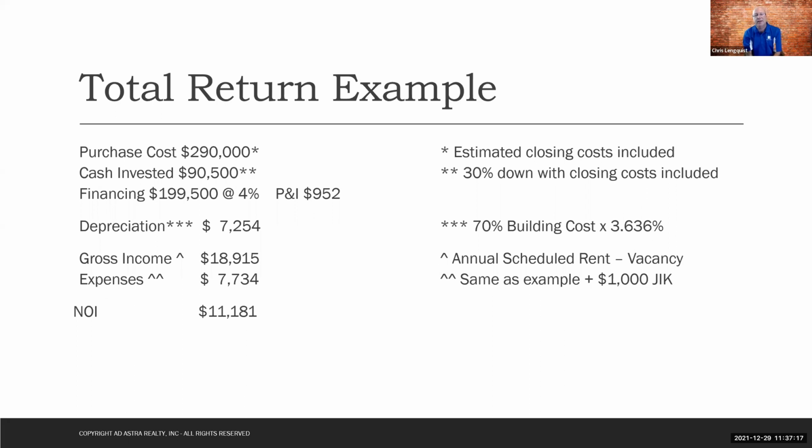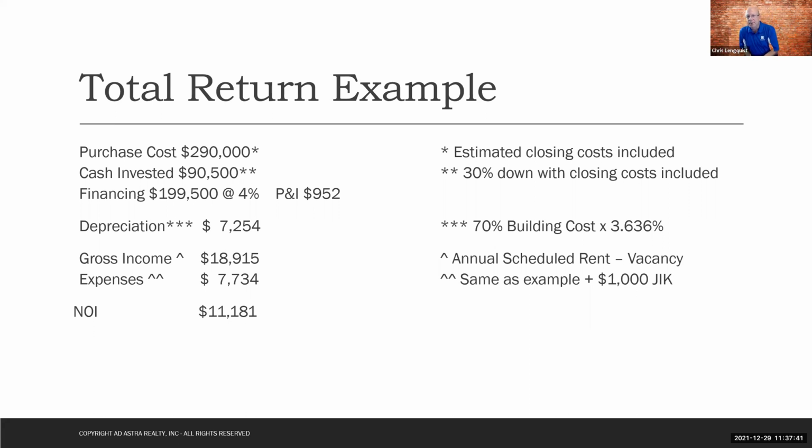How did I get there? Well, in this area, it's general that the land costs account for about anywhere between 20 and 30% of the purchase price, right? Because land doesn't depreciate. You're only depreciating the building. Now, some of you might say, well, there's accelerated depreciation. We're not going to talk about that. We're going to keep this easy.